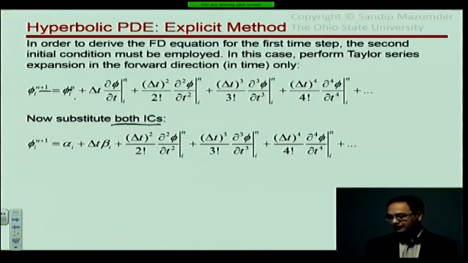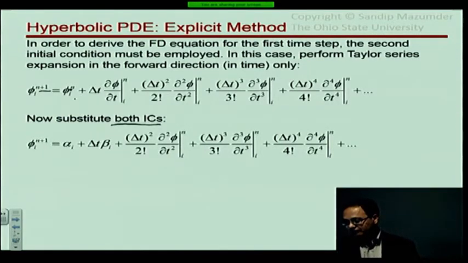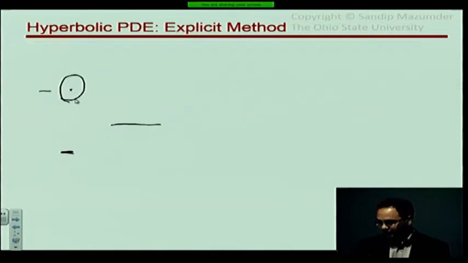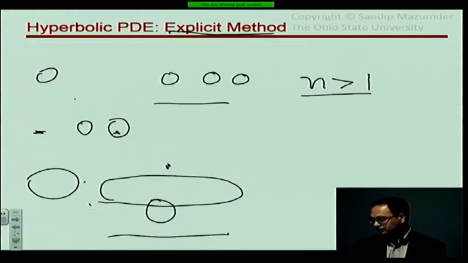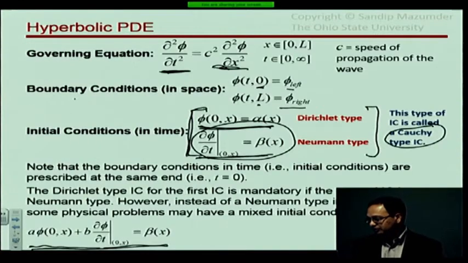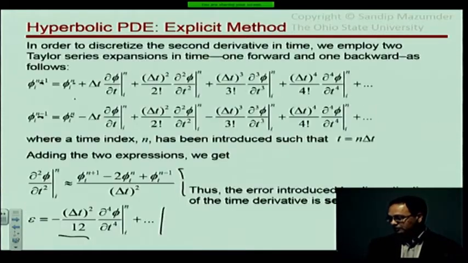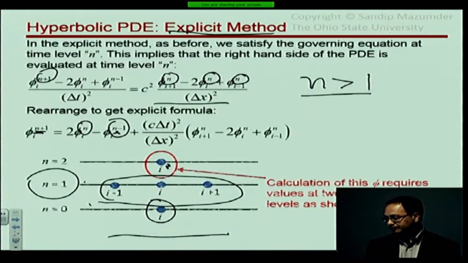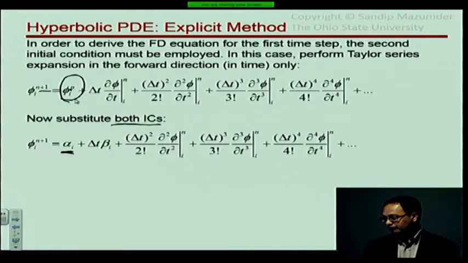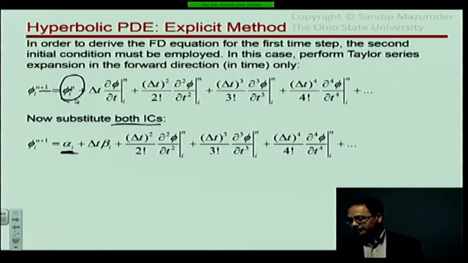Instead of phi I at n, we plug in our alpha I. Let me go back to the problem definition. Here, this is your alpha. Phi at time t equal to 0 is alpha, and the derivative at time t equal to 0 is beta. So that's what we are using here. Plugging in alpha I here, and instead of the derivative, we plug in beta I.